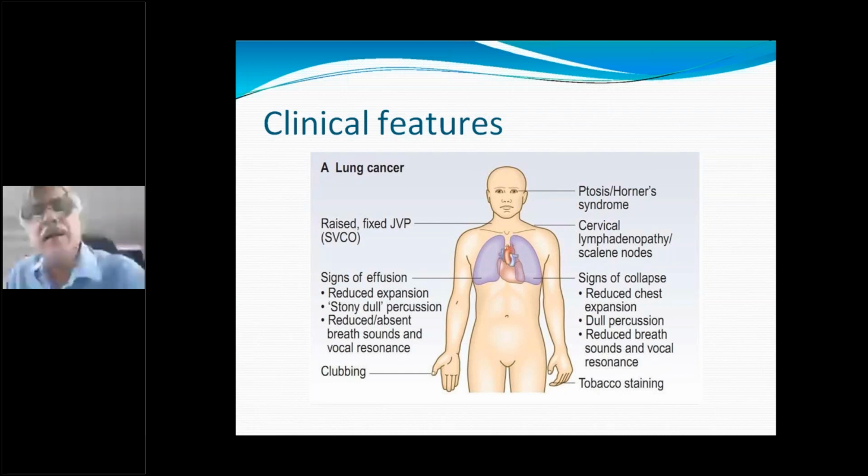But a stony dull note you have to use in case of only pleural effusion. Dull note you can get in collapse of the lung, later stages of consolidation, and tumors. Of course, stony dull percussion is given here, but actually it is not. Only in case of pleural effusion or hemothorax do you have to use stony dull.